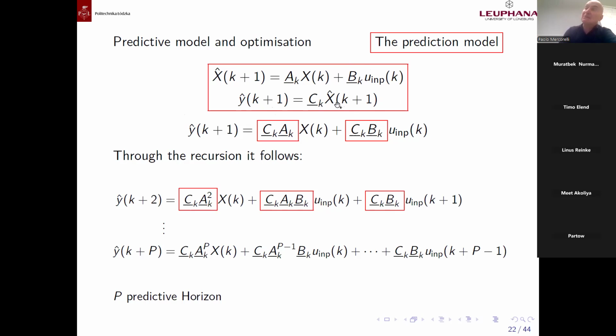But this expression here, this state at time k plus 1, we can see depends on the state at time k and u at time k. This means this model in this form already represents a prediction.